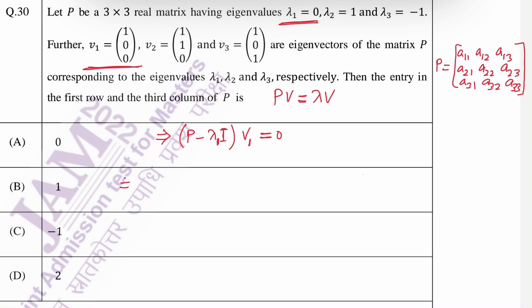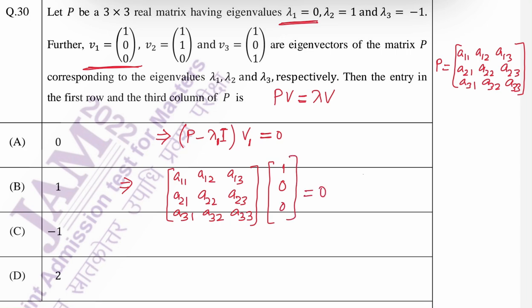If you do that, then this will be A11, A12, A13, A21, A22, A23, A31, A32, A33 into V1, and V1 in the question you see in red underlined, it is 1 0 0, and this equals 0.